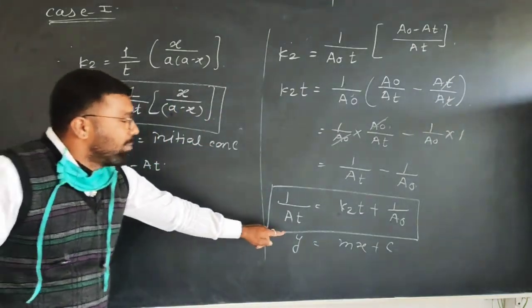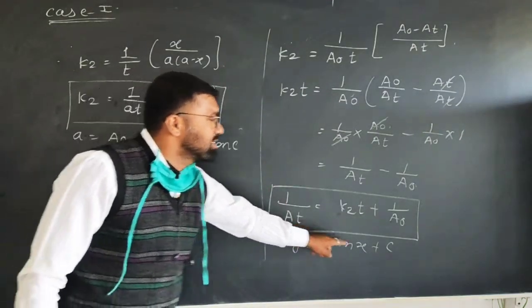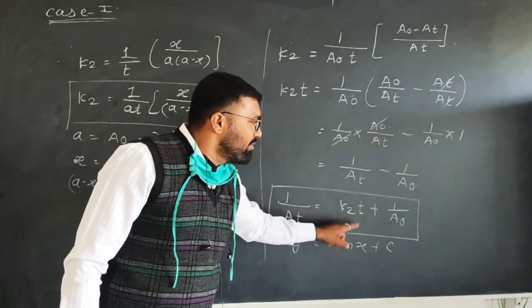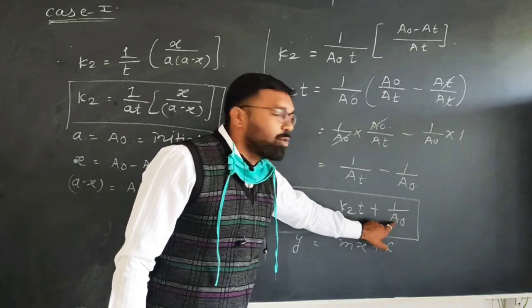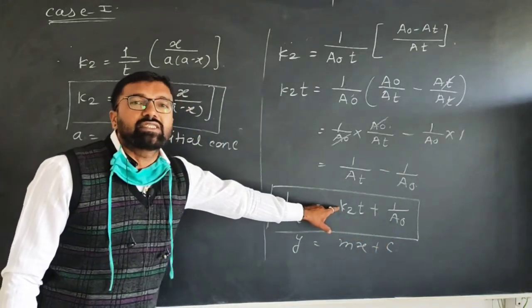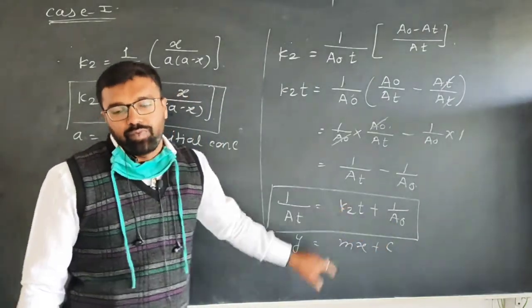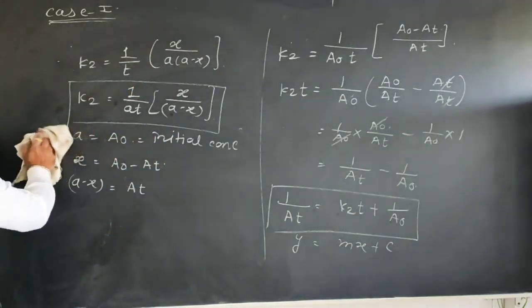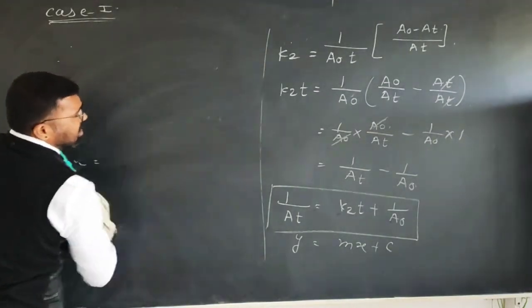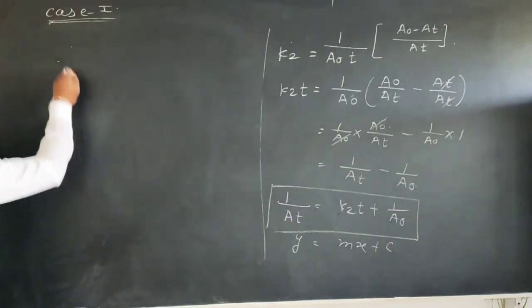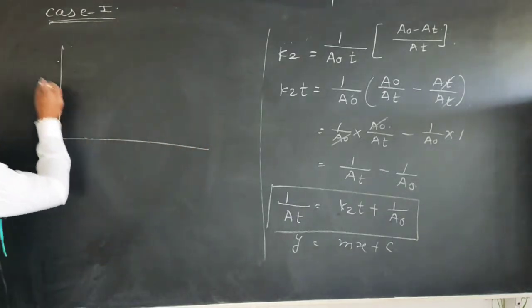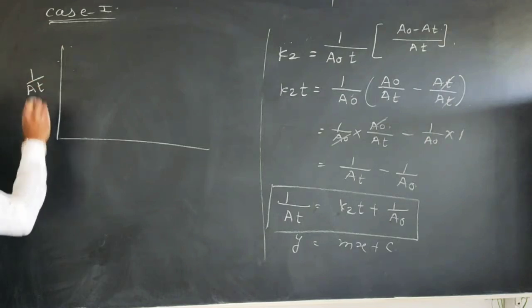If you plot the graph of 1 upon At versus time, we will get a straight line having y intercept 1 upon A0 with a positive slope, that is K2. Now think about the graphical representation of this equation. Suppose I plot a graph with 1 upon At on the y axis and time on the x axis.